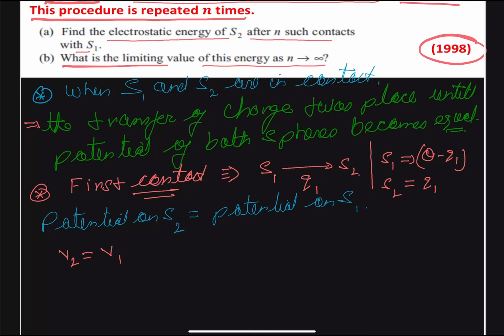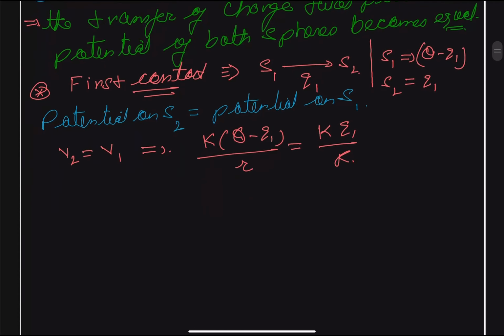Therefore we can write K(Q minus Q1) divided by r is equal to K Q1 divided by capital R. And from here we can easily find Q1.